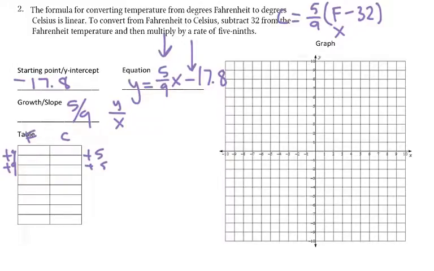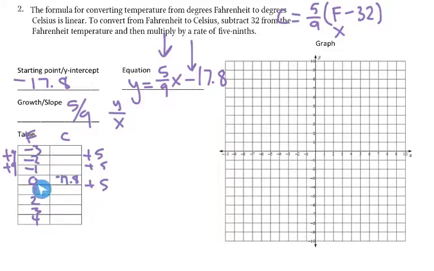Now here's something to notice. Let's say I made this 0, and this was negative 17.8. Even if I go back to negatives or to positives, this is not my starting point.